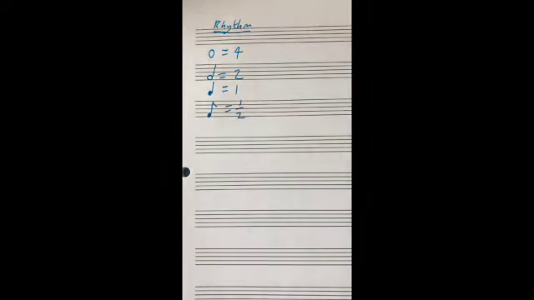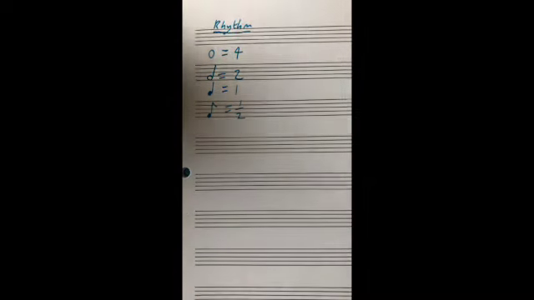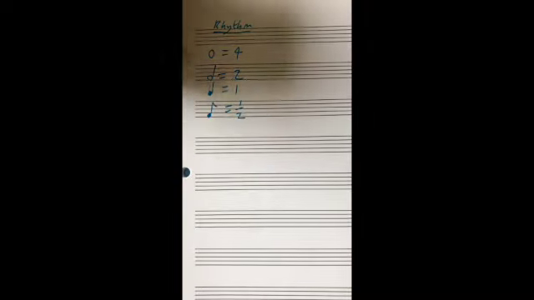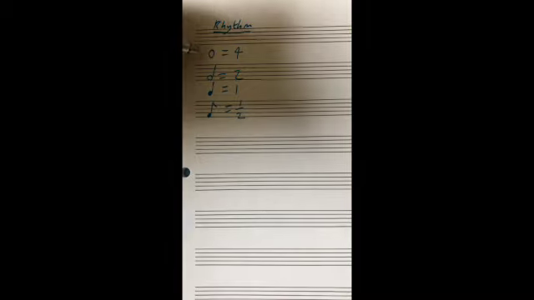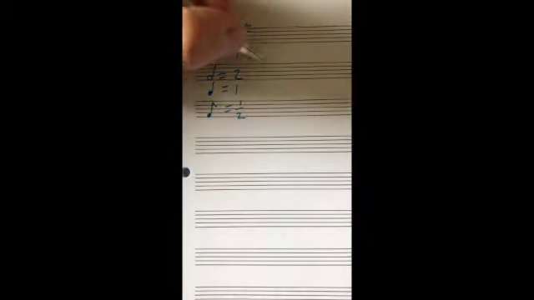Okay, so in America, these have different names, and sometimes those names are used, and they're called whole note, half note, quarter note, eighth note. But we'll stick with the English way of doing it. So that is a semibreve.